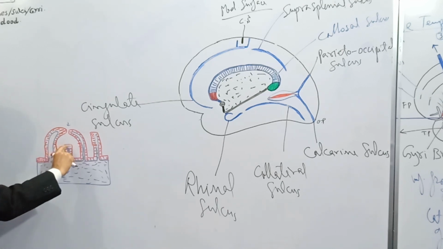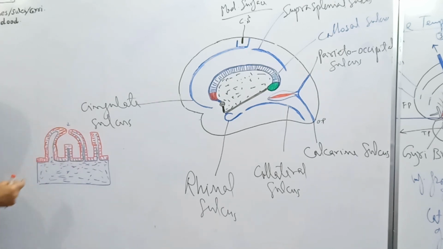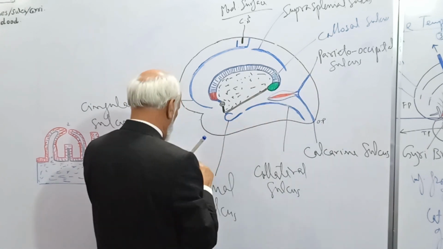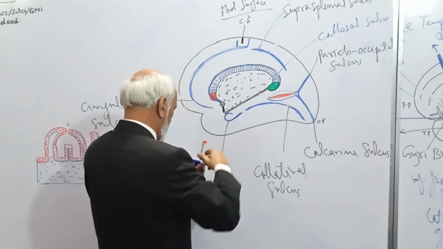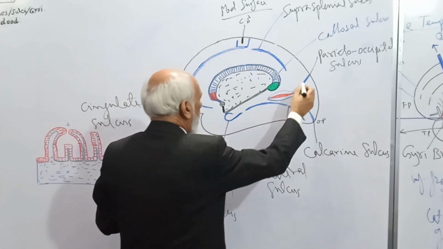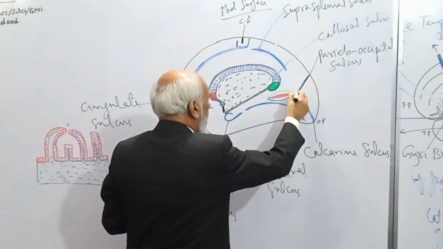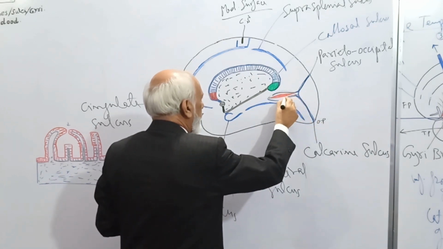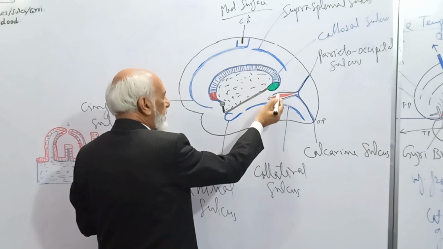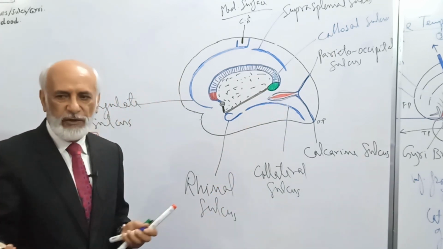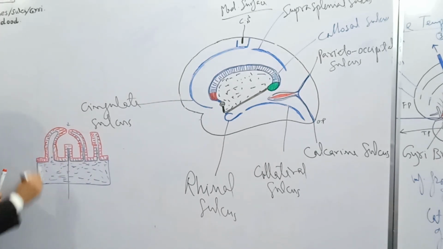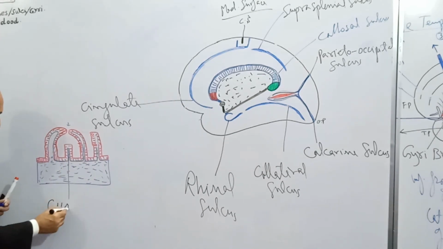This is because of slow growth, and this is because of faster growth during development. So inside you can see this is parieto-occipital sulcus, and this is calcarine sulcus. The parieto-occipital sulcus and calcarine sulcus are separated from each other by a buried gyrus. This is the gyrus which is buried, known as the cuneate gyrus.